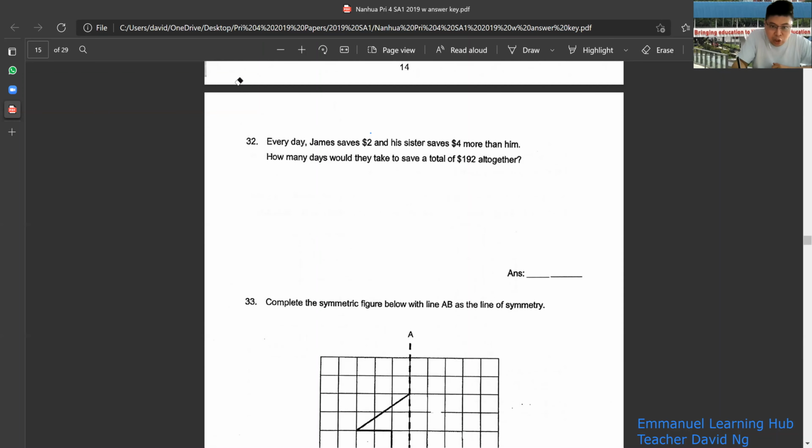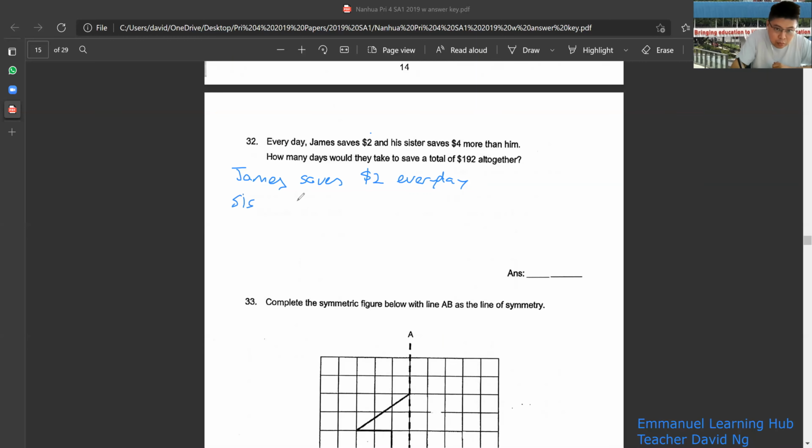You see, every day James saved $2, right? Which is $8 altogether? Nope. Oh, James saves $2 every day. Sister saves $4 more than him.